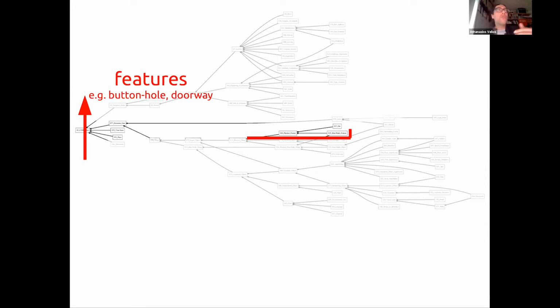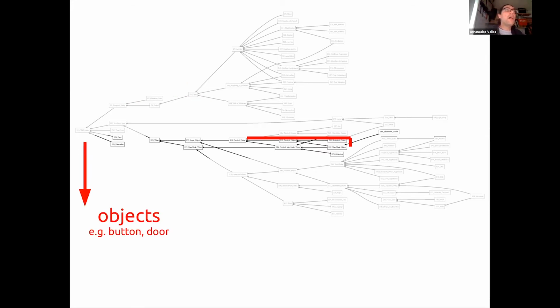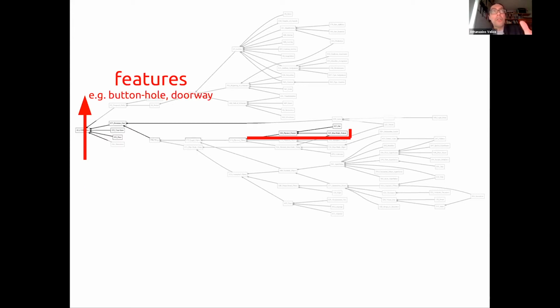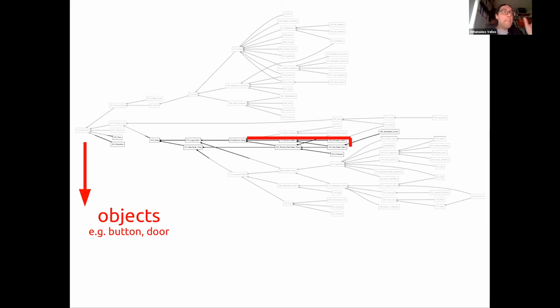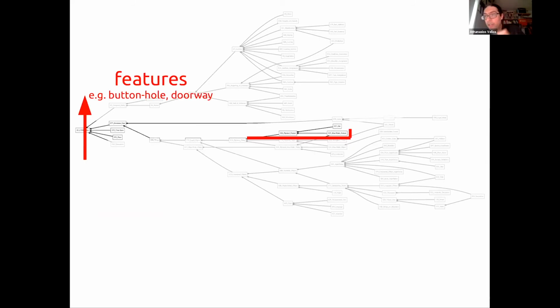So that is the difference between an object and a feature. The button is an object, but the buttonhole is a feature. The buttonhole can only exist if there is fabric around it, if there is a jacket or a shirt. So we are starting now to become a little bit more specific in our distinctions.